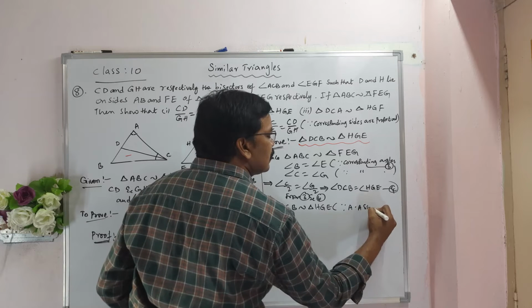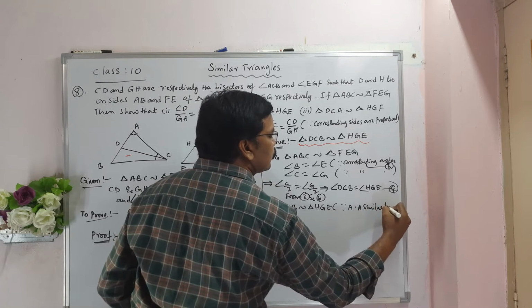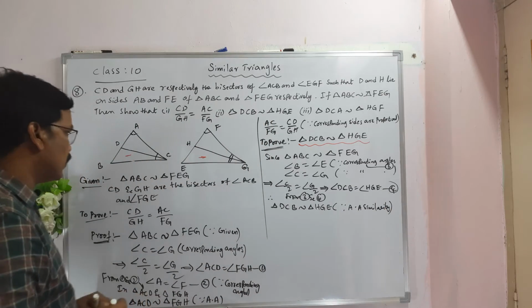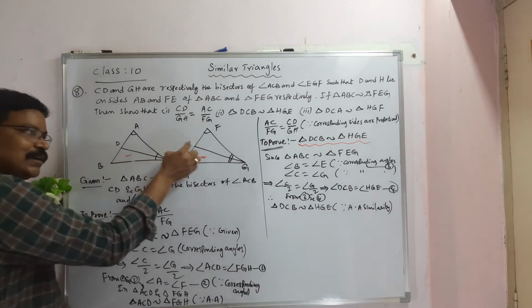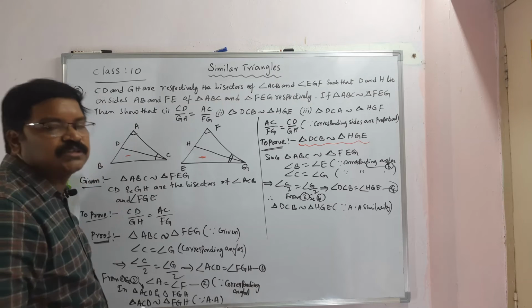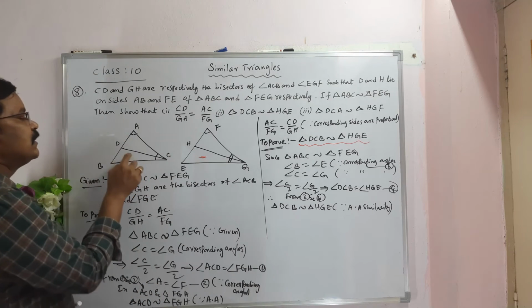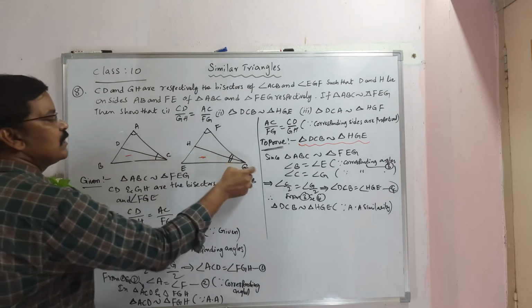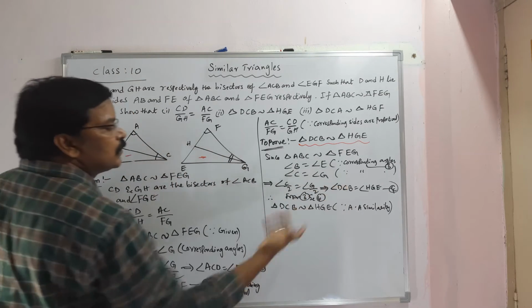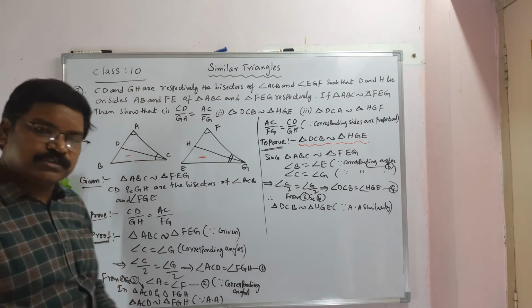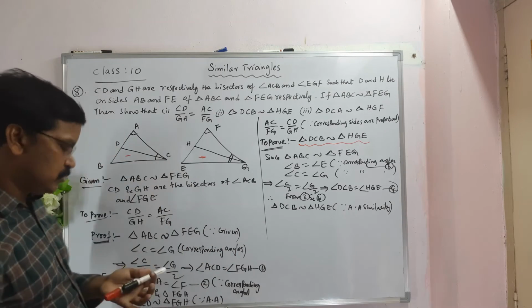AA similarity criterion. Okay, understand? Triangle DCB and triangle HGE both are similar to each other. The reason is angle B is equal to angle E and angle DCB and angle HGE are equal. Therefore, from these two equations, the two triangles are similar to each other.